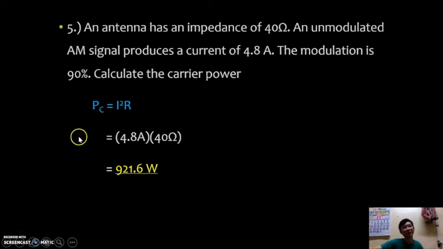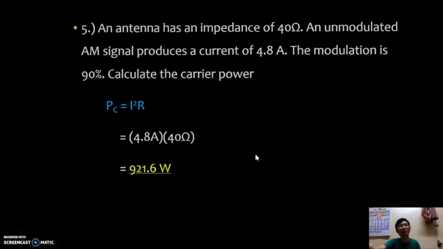So substitute accordingly. 4.8 amperes squared times 40 ohms, and we get the carrier power, which is 921.6 watts.